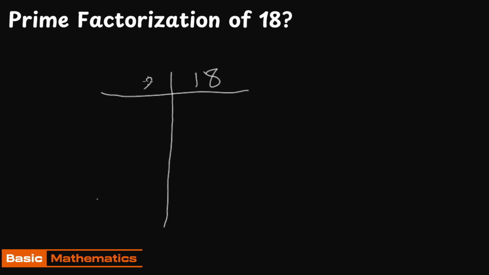How many 2s do we have in 18? That is 9. So 2 into 18 is 9. Now, how many 2s do we have in 9? That will give us a remainder. Remember, when dividing, we must not get a remainder.